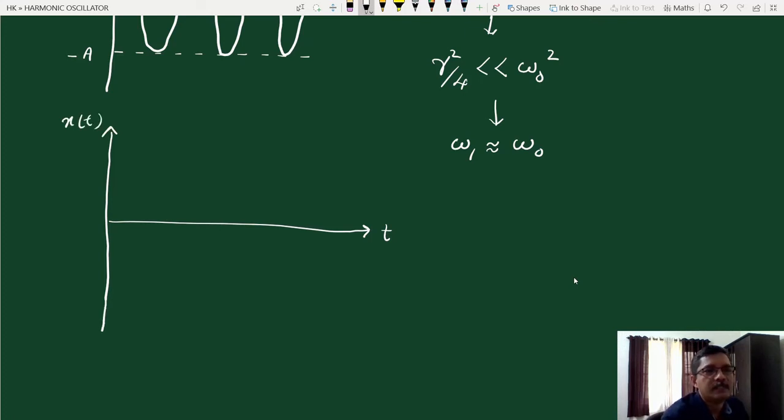in general what happens is the amplitude will be exponentially decreasing, but the decrease will be very, very slow, something like this.